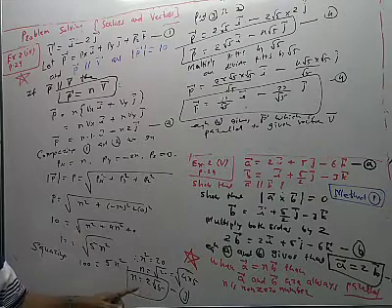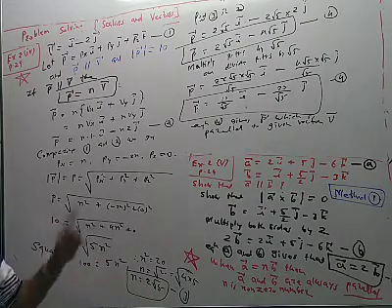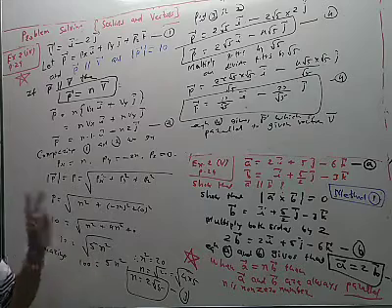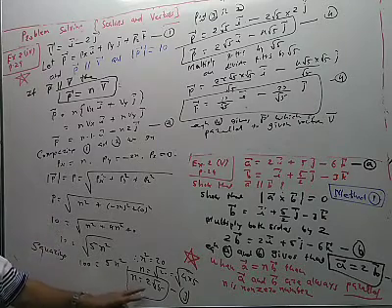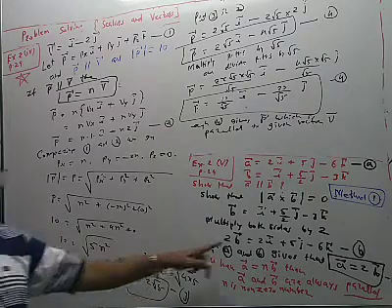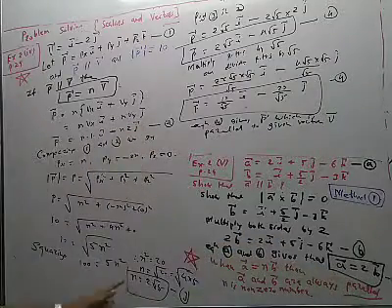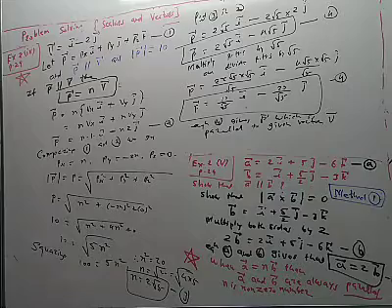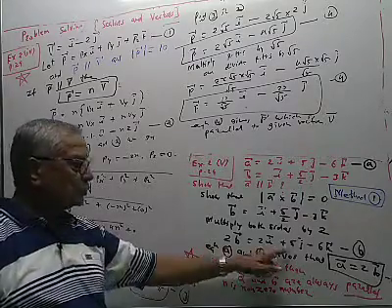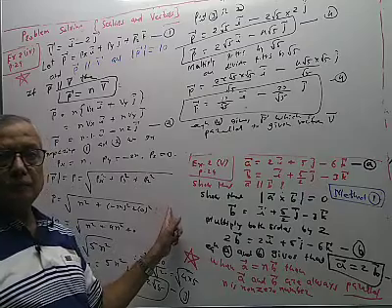So n may be positive, n may be negative, may be a positive integer, negative integer, or fraction, but it is a non-zero number. In the earlier case, n was 2. In this case, n is equal to 2 root 5.